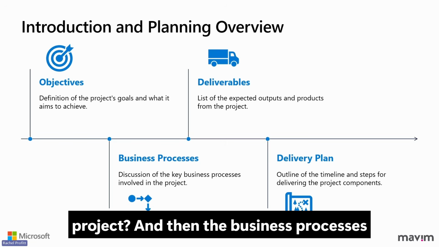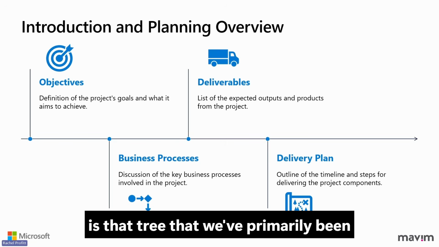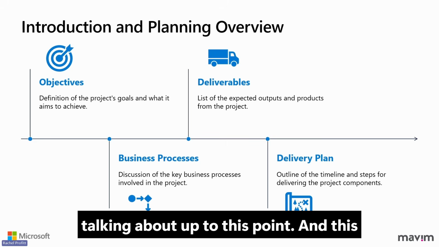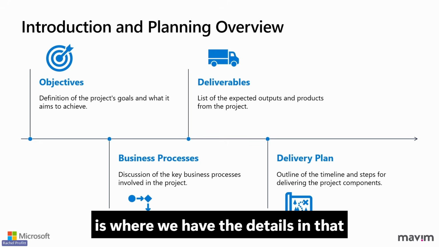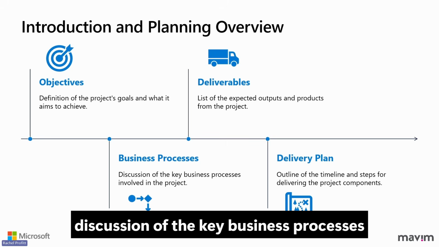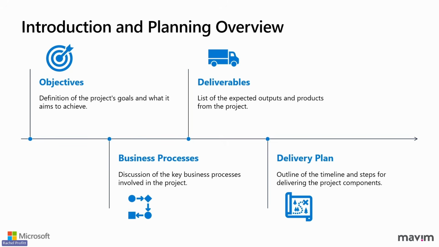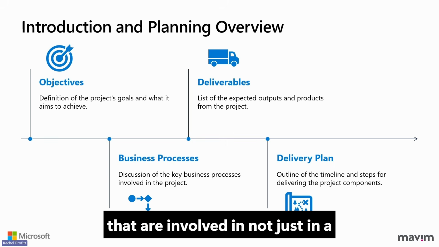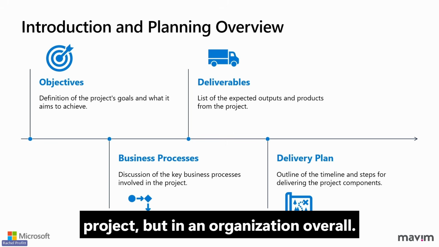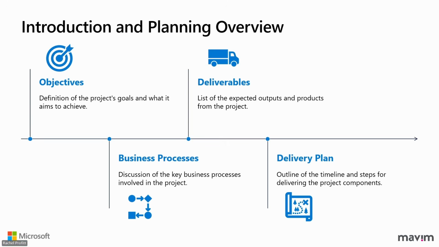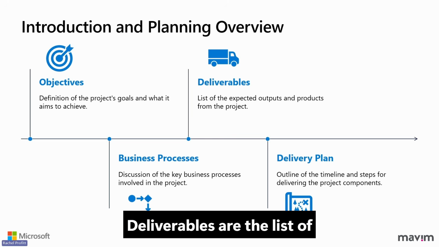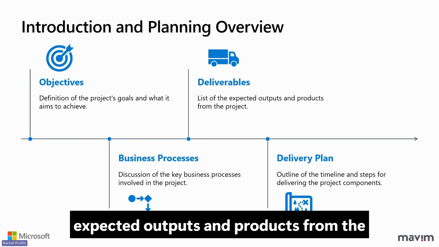And then the business processes is that tree that we've primarily been talking about up to this point. And this is where we have the details in that discussion of the key business processes that are involved in not just a project, but in an organization overall. Deliverables are the list of expected outputs and products from the project.